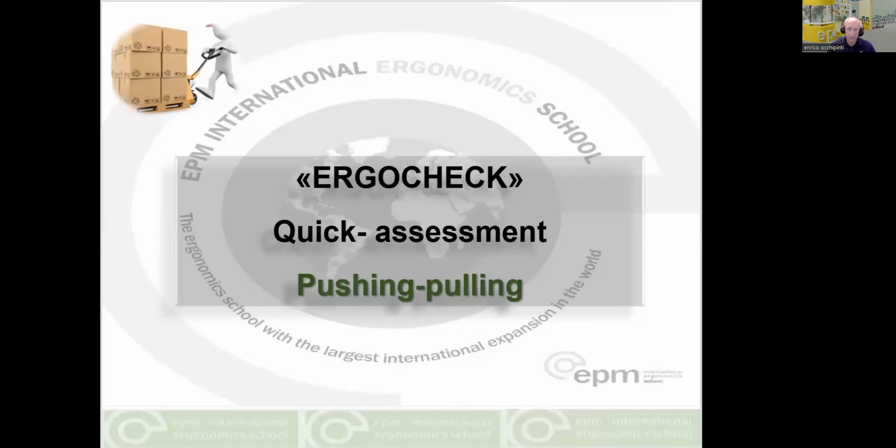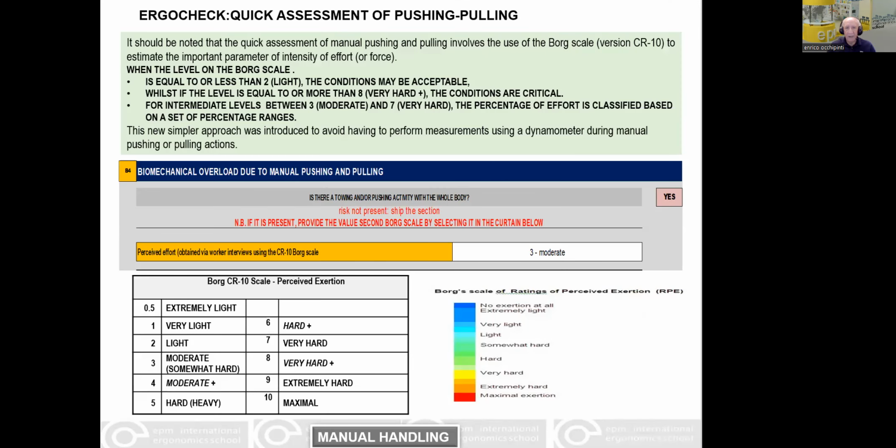just to have a more complete evaluation of the carrying condition. Then there is pushing and pulling. Again, the first thing for pushing and pulling is to collect, by the Borg scale, category ratio 10 or other visual analogue scales, the level of effort perceived by the worker. Considering the Borg scale, we assign the level that is judged by the workers during the pushing and pulling action.